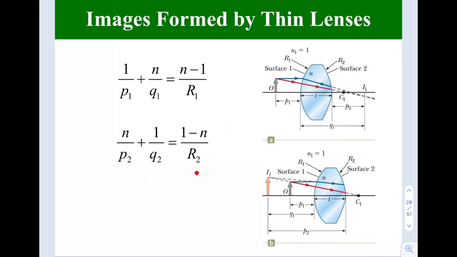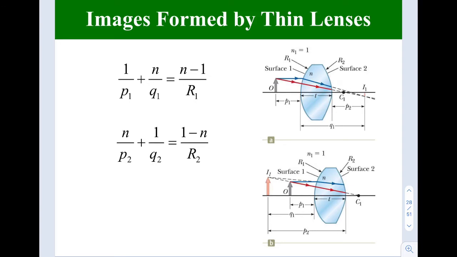We now introduce mathematically that the image formed by the first surface acts as the object for the second surface. If the image from surface 1 is real, as in figure A here, we see that the physical distance p2 is q minus t.